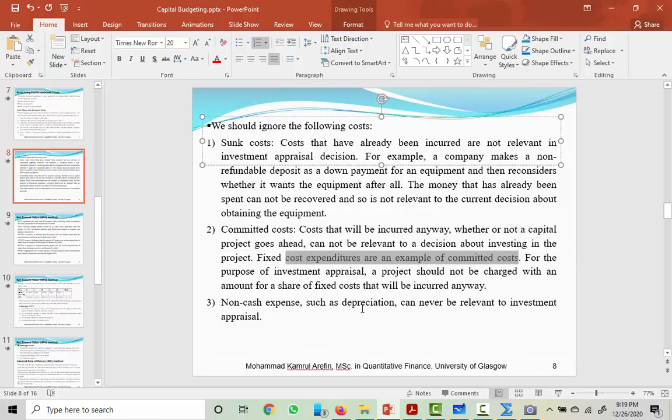For example, if you purchase a machine, it doesn't matter. So for example, a machine can produce 10,000 units of product every day.